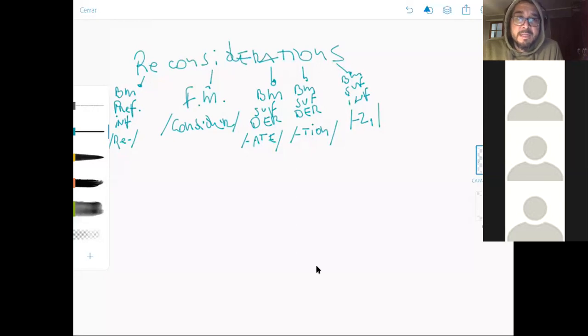Entonces, re sería un bound morpheme prefix inflected. Luego tomamos el otro, consider, y avanzamos hacia el otro lugar. Considerate. Considerate es un adjective, entonces hay un cambio. Por lo tanto, ate sería un bound morpheme suffix derivational para crear considerate. Luego tendríamos consideration, shun, right?